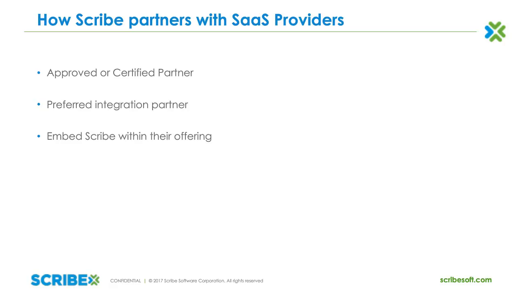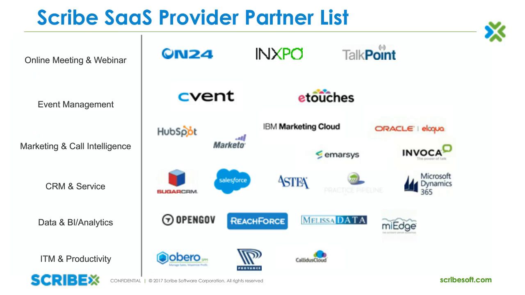And then the third way, and one of the most common ways that SaaS providers partner with us, is through our embed, or think of it as an OEM program. The majority of the ISVs that we work with, whose logos I put up here, are folks that embed.